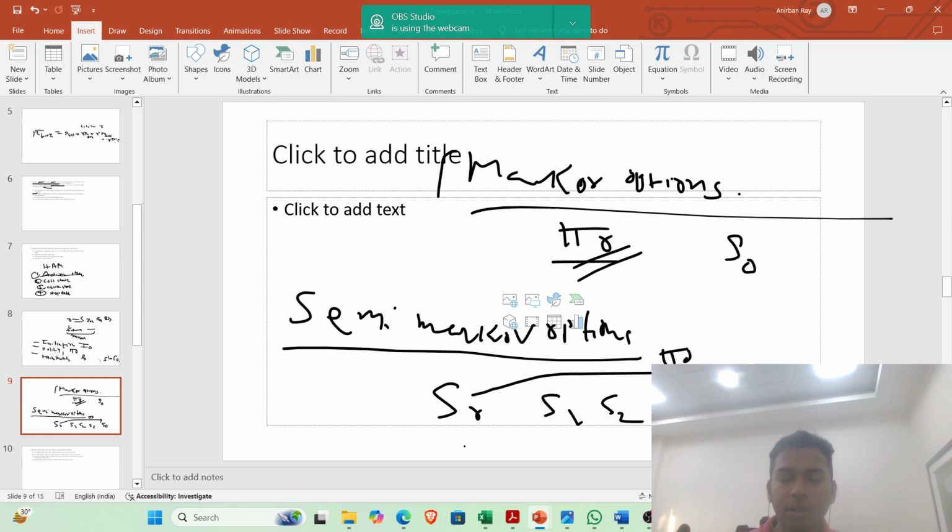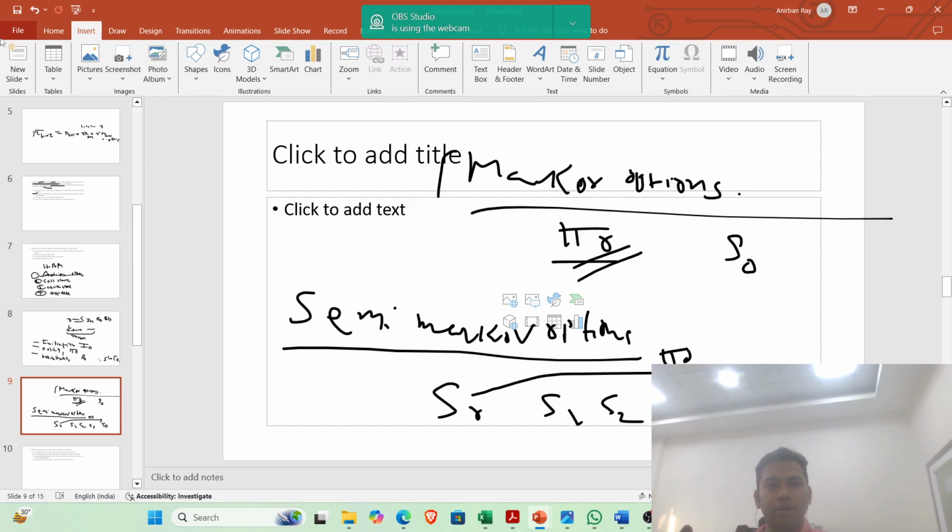So the policy pi 0 depends on the sequence.